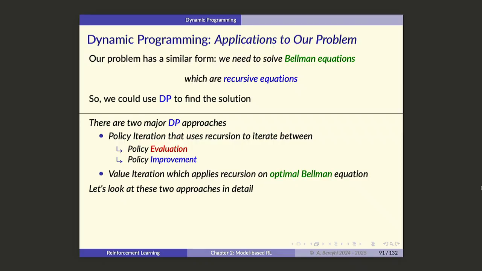Then I get an improved version of the policy. Again, I evaluate the policy using Bellman, I improve it, I evaluate, I improve it. I keep on improving until the policy is not getting improved anymore. That is the optimal policy.